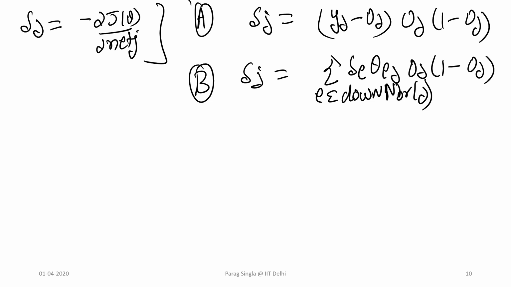Right, so this is what we will compute. This is in the output layer, and this is in the hidden layers.